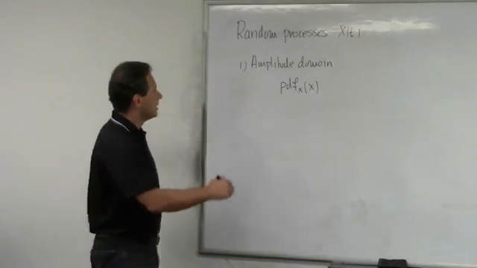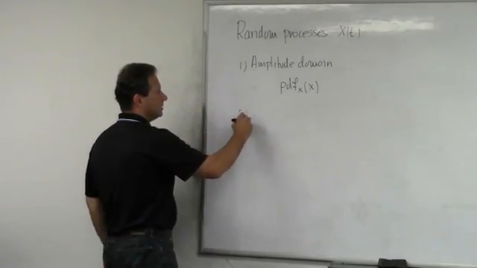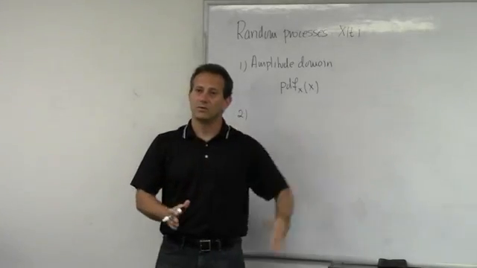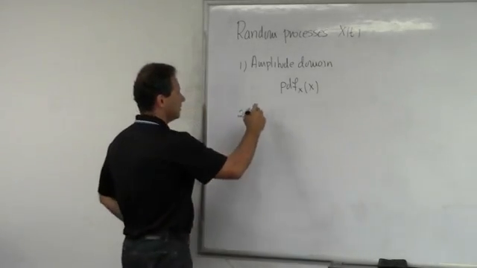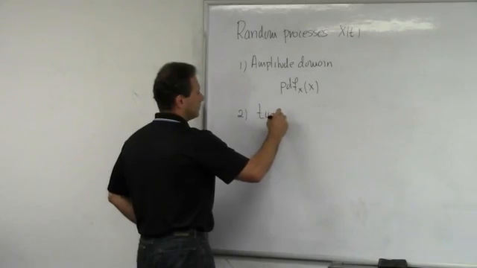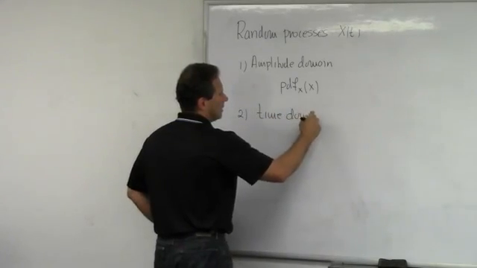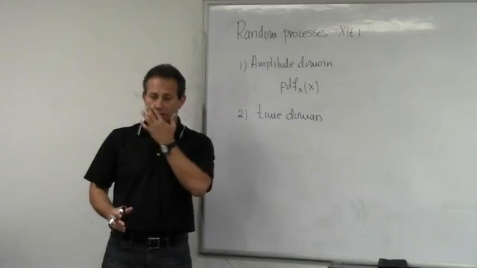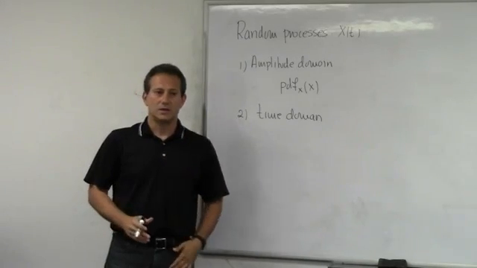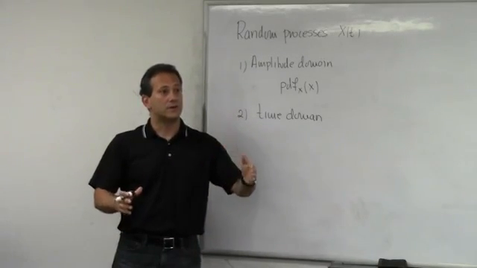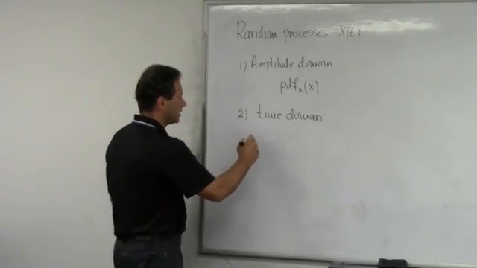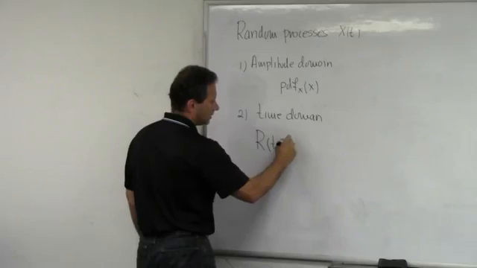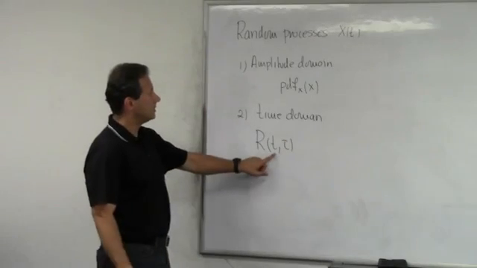Now, the second dimension that we're concerned about the random process is how does it evolve over time? And this is a time domain. And the way how we said we're going to characterize this random process is by giving the autocorrelation function in the time domain. Autocorrelation function that was defined R of t at a given time t.